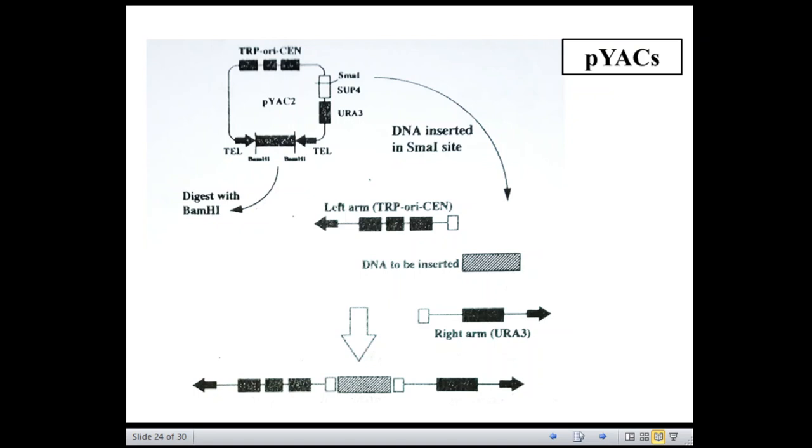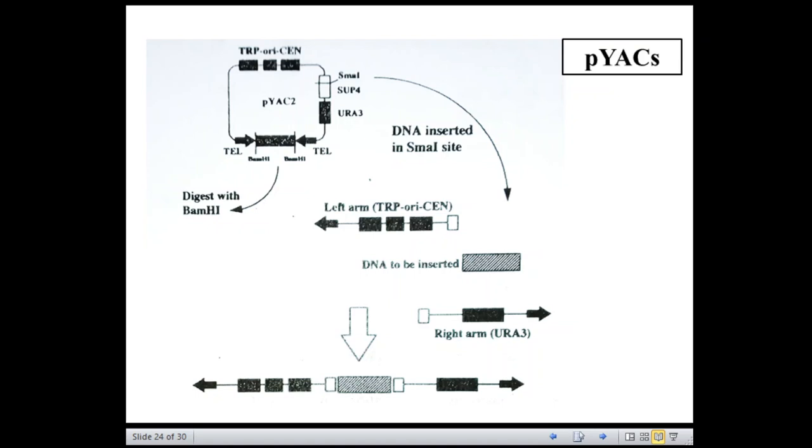Now this yeast artificial chromosome is digested with restriction enzyme at a specific site, the suppressor tRNA gene marker site, abbreviated as SUP4, which you can observe in the figure, and at BamHI sites.